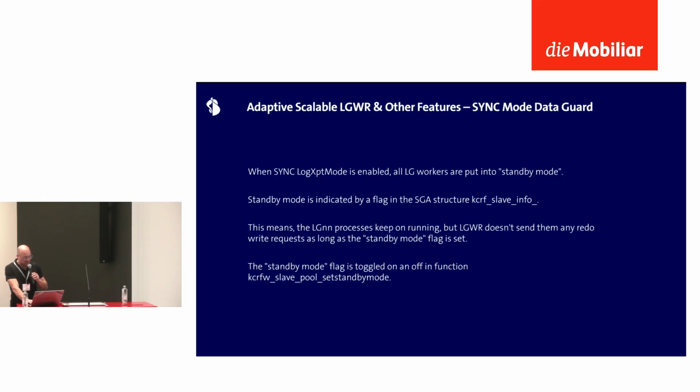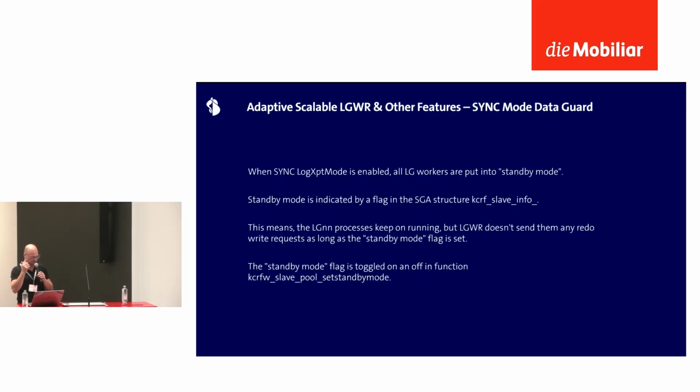So if we dive into this feature, there's always the question, how does it interact with other ones? And this one is documented. Adaptive Scalable LogWriter is not compatible with DataGuard in sync transport mode. So if you go from, let's say, max performance to max availability mode, Oracle will switch off the multiple LogWriter feature.